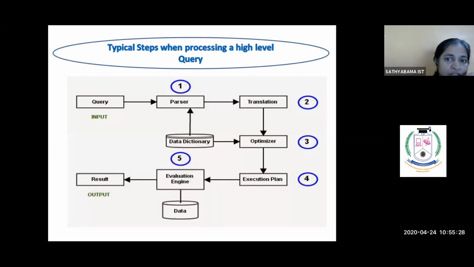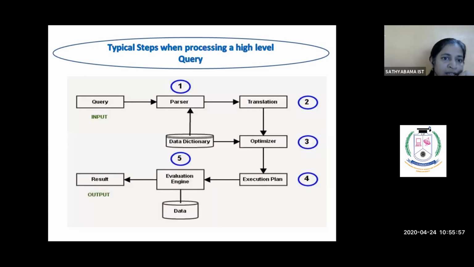So tokens would be generated by cross-checking the data dictionary, and then the query will be translated into a relational algebra expression. The computer will be able to process only the relational algebra expression, not your SQL.